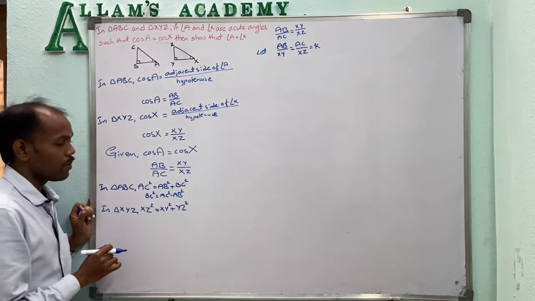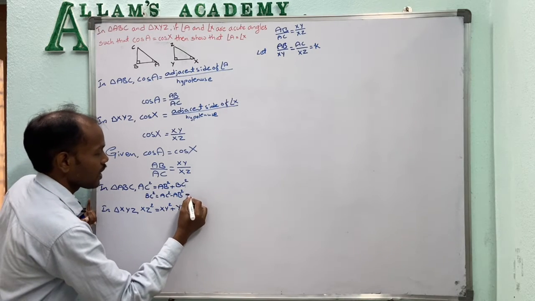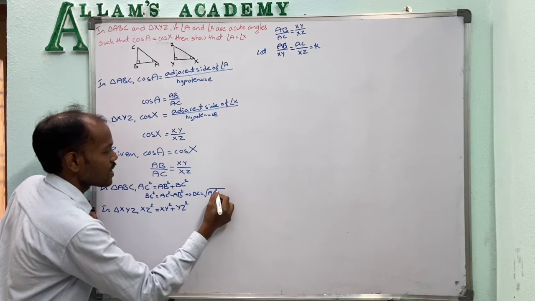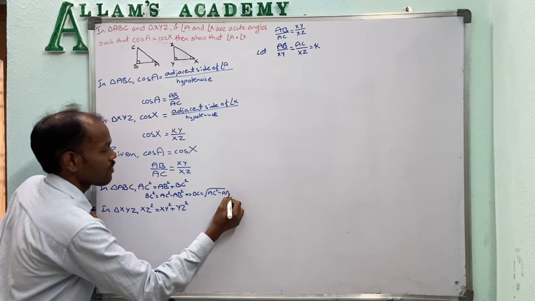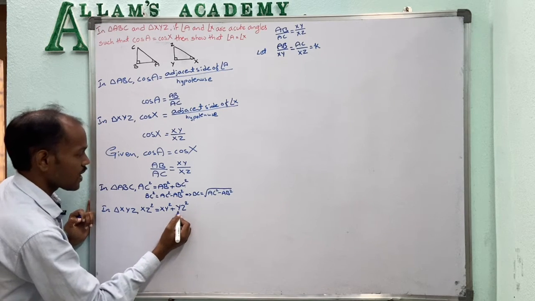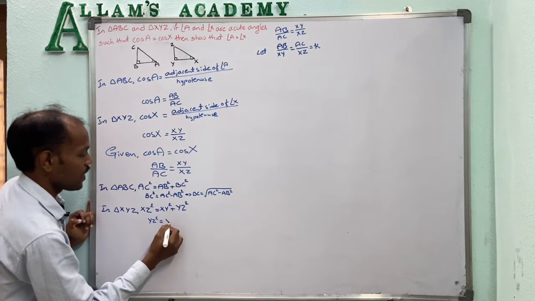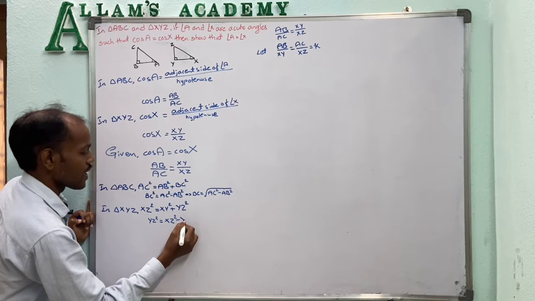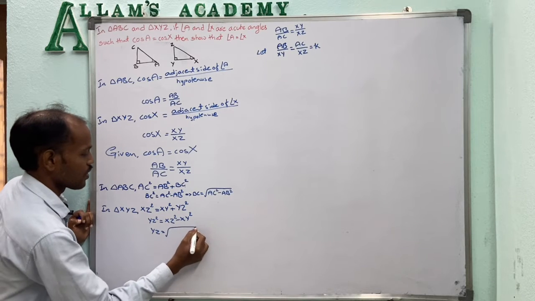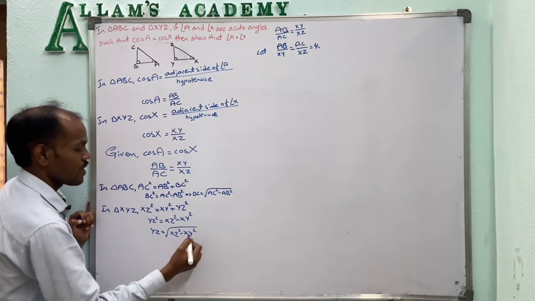So BC equal to under root AC square minus AB square, we can write. Similarly, from here the third side YZ square equal to XZ square minus XY square. So YZ equal to under root XZ square minus XY square.